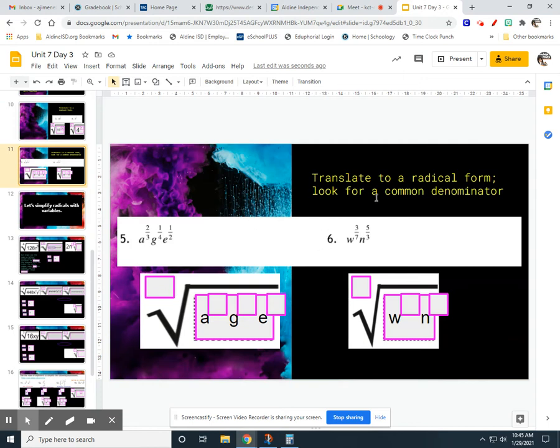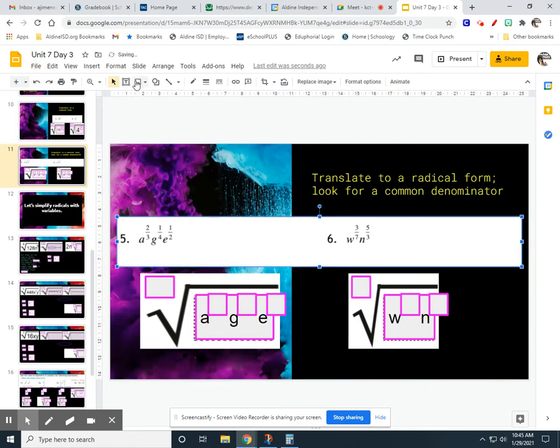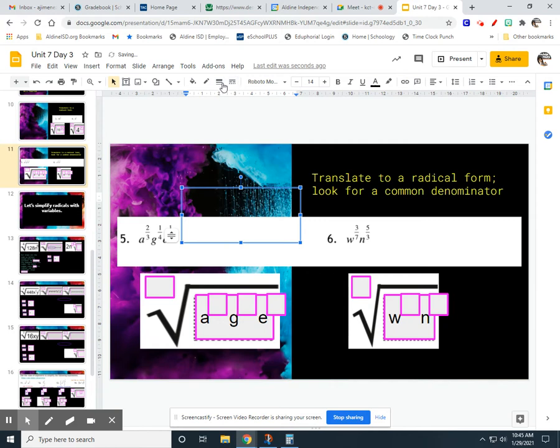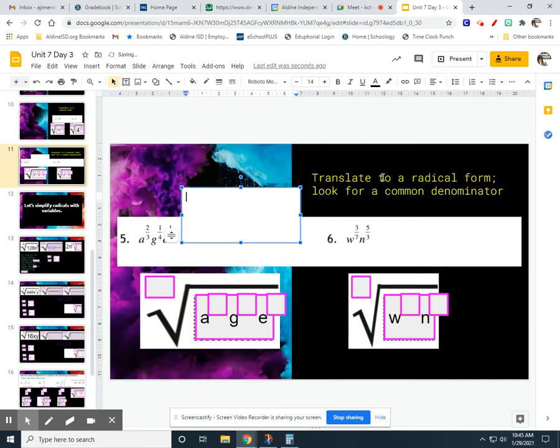All right. It says in order to translate more, you're going to have to look for a common denominator. Well, for a common denominator, you look to figure out, I don't know if you remember this from junior high, or I'm not sure. So you take the 3 and you figure out, all right, I know it's 3, 6, 9, 12, 15, and so on.